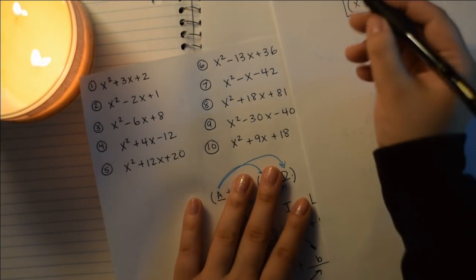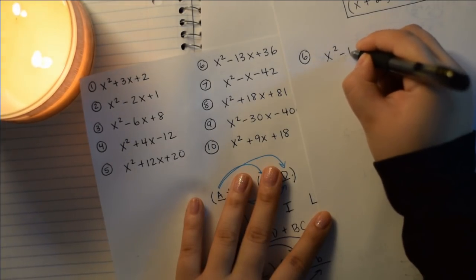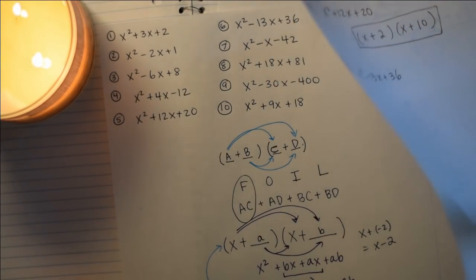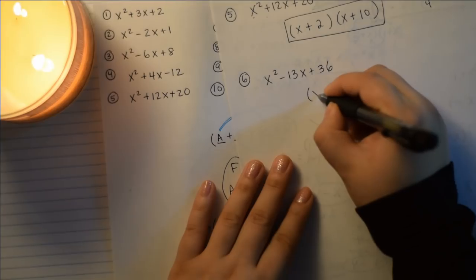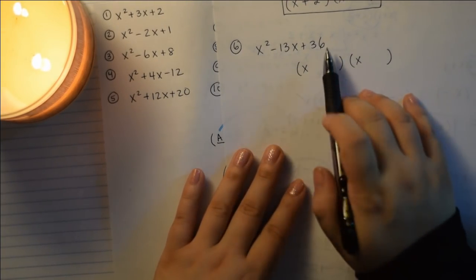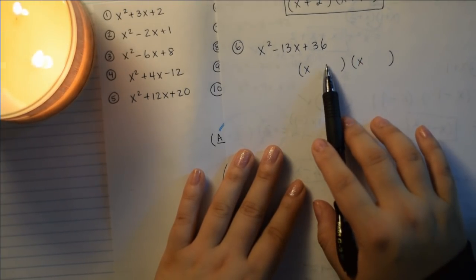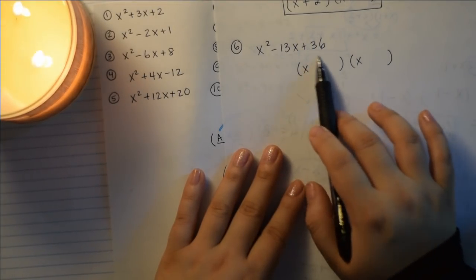Very good. So then 6x squared minus 13x plus 36. So x. So I see a plus here, which means that our two factors are either going to be both positive or both negative, so that they multiply to be positive.